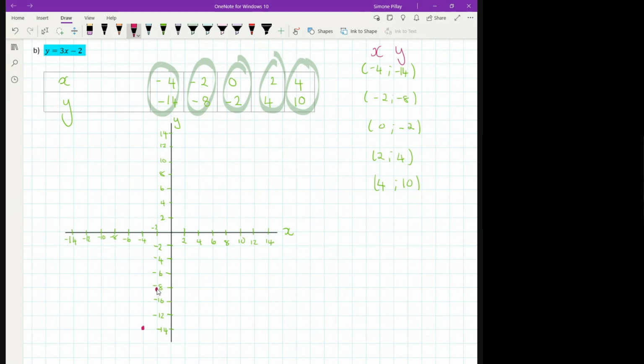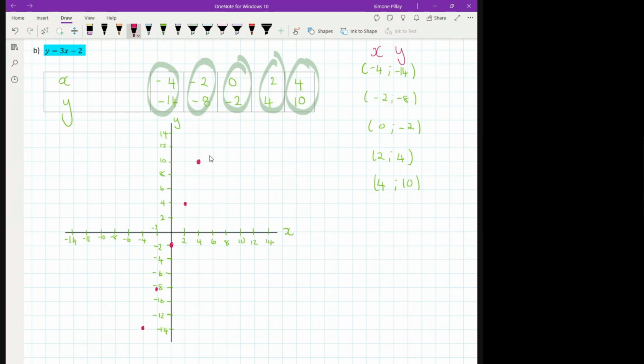That is over here. Then we're going to 0 on my x-axis, which is right in the middle, and then negative 2 on my y down here. Okay, positive 2 on my x-axis, but I'm going up to 4 on my y. And then lastly, 4 on my x-axis, but all the way up to positive 10.